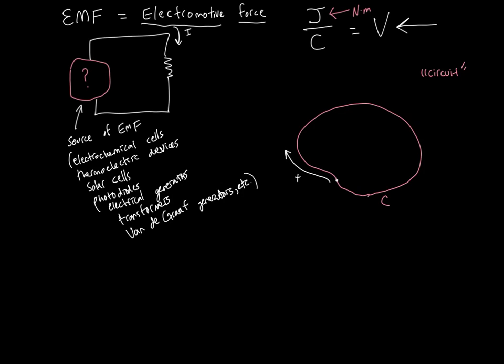Now, we're not just going to walk around this circuit willy-nilly here. We want to do something. So we're going to carry a positive test charge Q with us. I'll put a little plus and give it the name Q. And as we move our positive test charge around this loop, there are going to be forces exerted on this test charge.